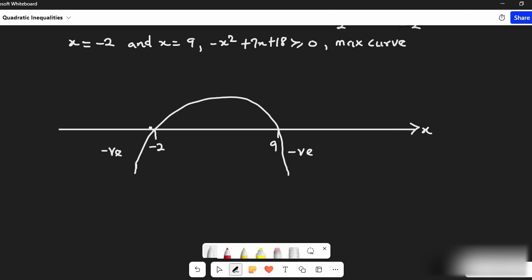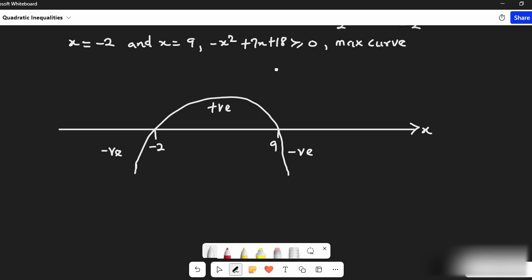Remember, for the areas below the x-axis, the values of y, which is the dependent variable, will be negative. And for areas above the x-axis, the values of minus x squared plus 7x plus 18 will be positive, right?